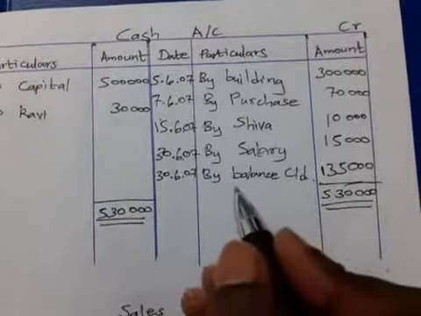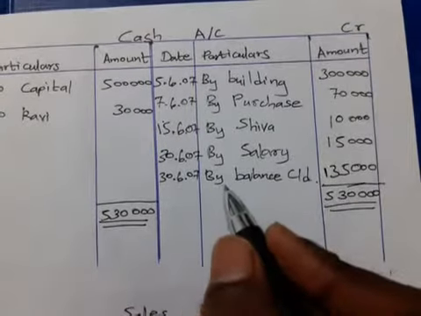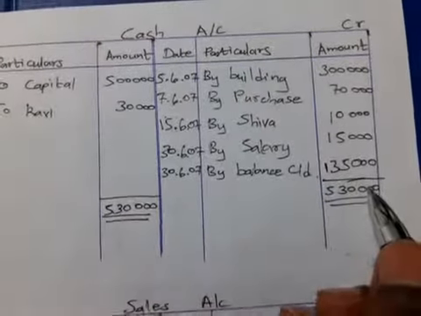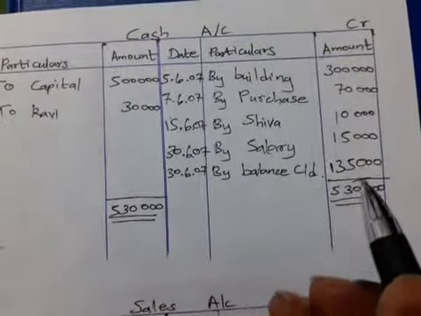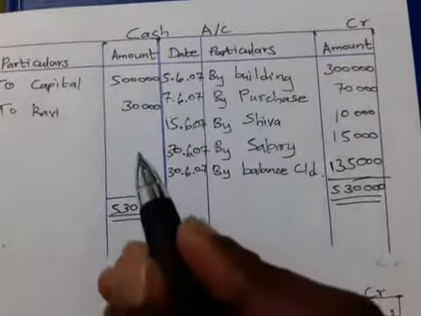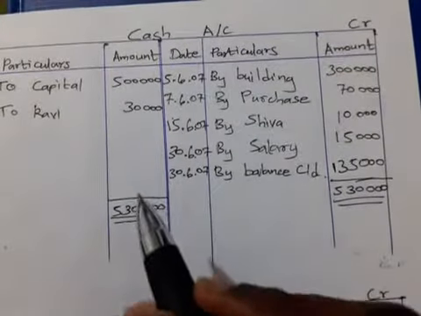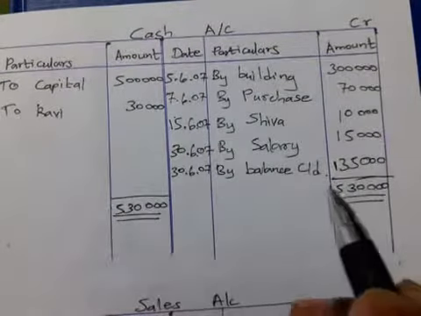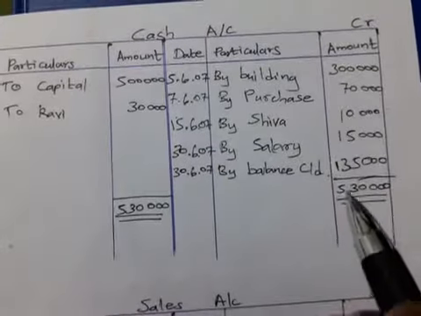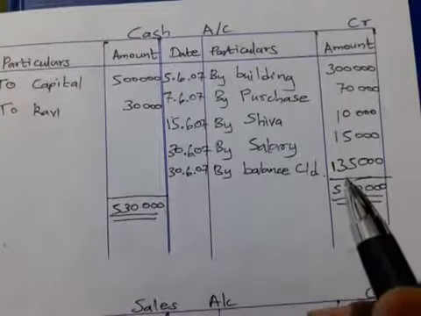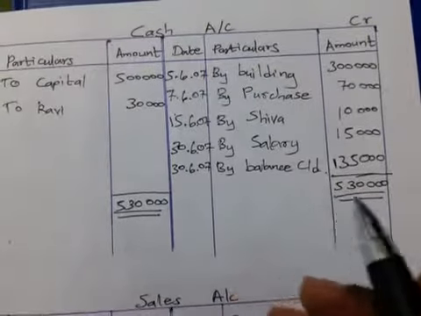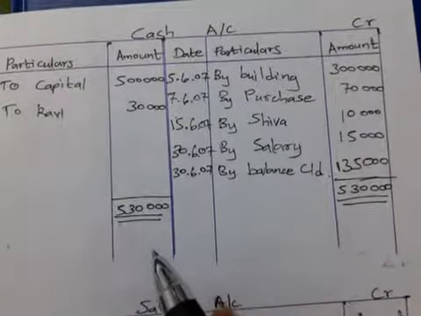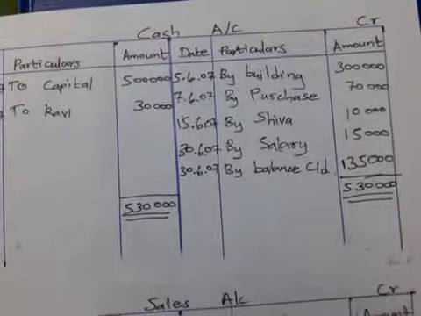When we find the balance from the credit side, we have to bring it into the debit side, because the debit side is the maximum amount. So we deduct the credit side balances and get an excess amount of 1,35,000. So we have to bring it into the debit side of the next financial year.